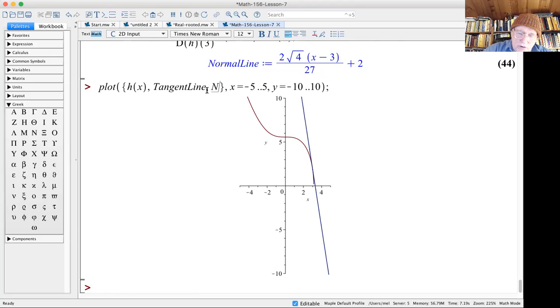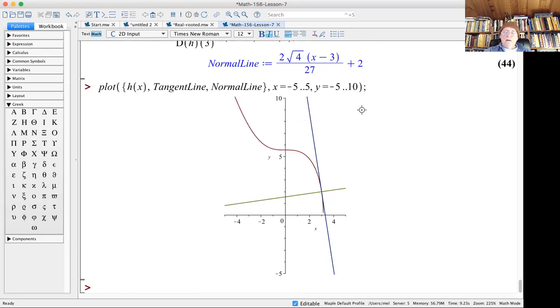And then I put in the normal line. That's the green line. And because it's drawn to scale, the blue and the green lines really do look perpendicular.